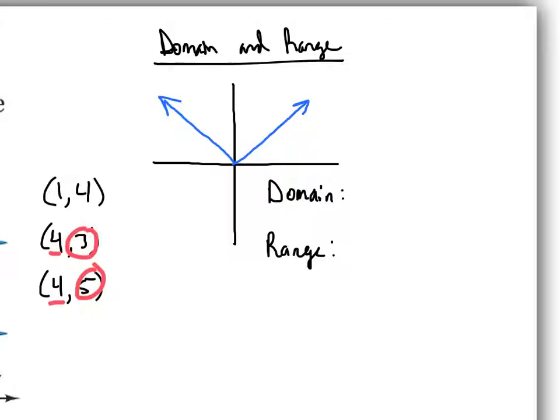Again, domain is the X values. Use your imagination here: as we put ourselves on this function, what's happening to our X values as I walk up to the right of the function? They're getting bigger. Does it go on that way forever?